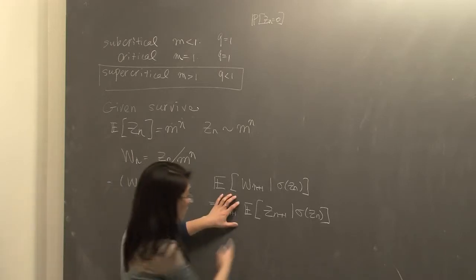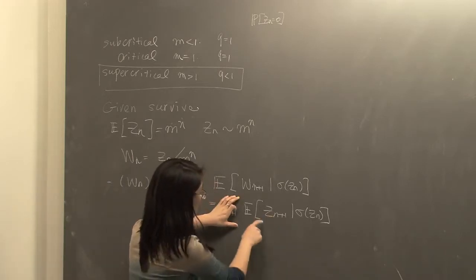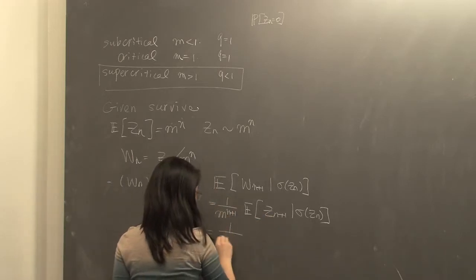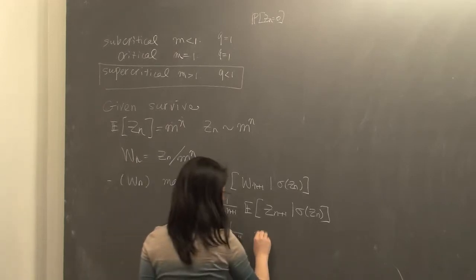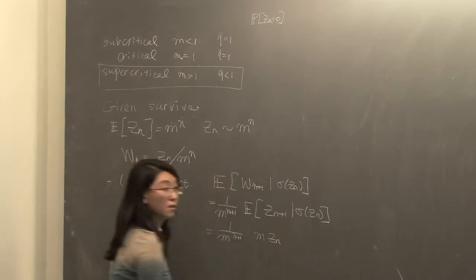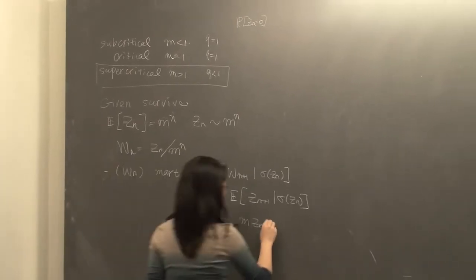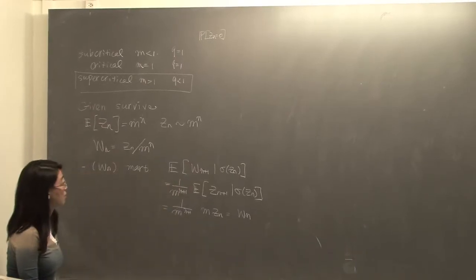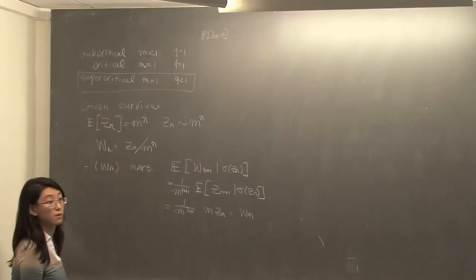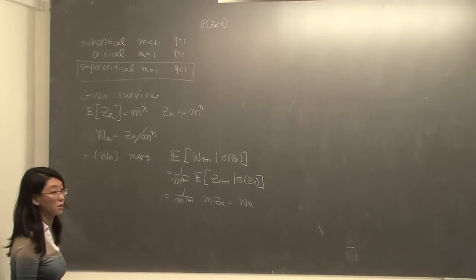And we just computed the conditional expectation of this part. Given Zn, the conditional expectation of Zn plus 1 equals m times Zn. So this tells us the conditional expectation of Wn plus 1 equals Wn. So this tells us Wn is a martingale.